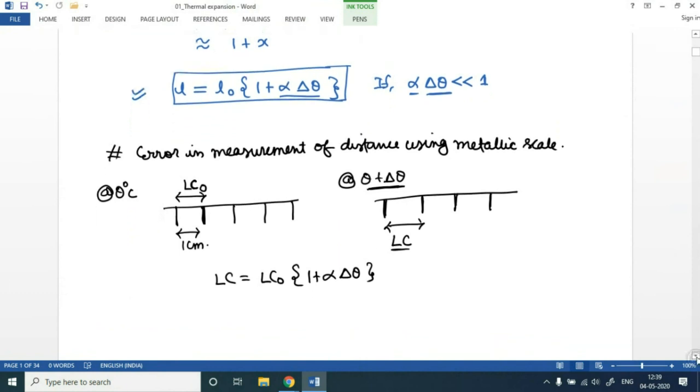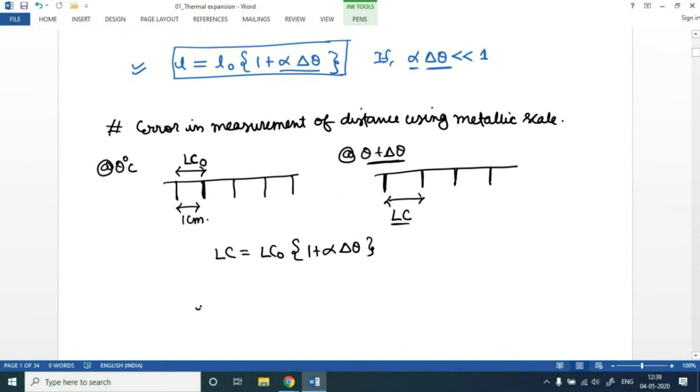So the actual length is nothing but the reading multiplied with the least count, and the least count is liable to change due to thermal expansion.